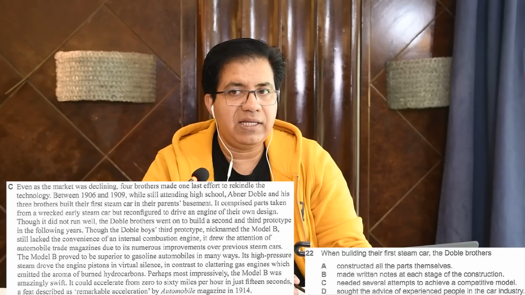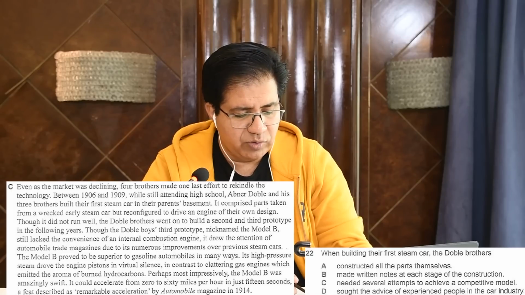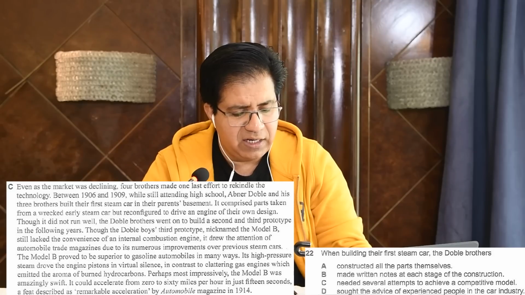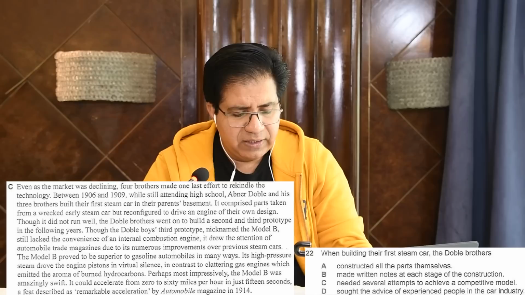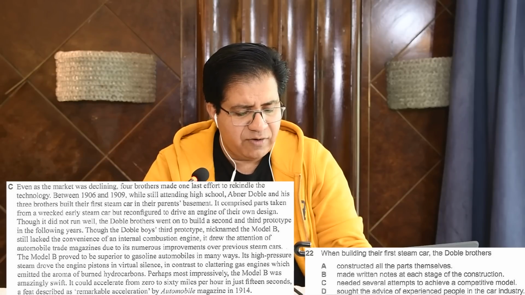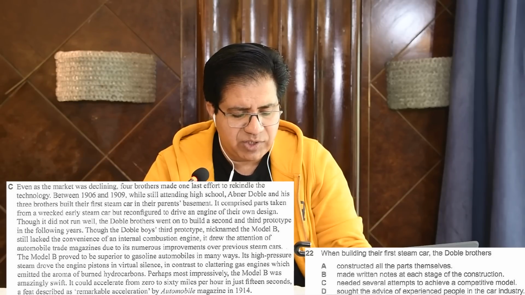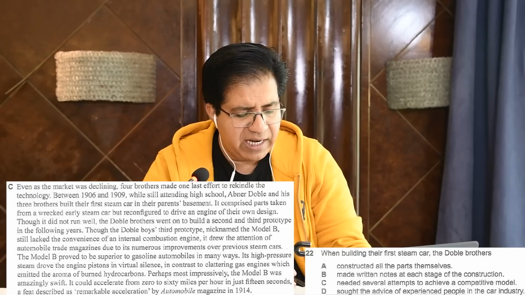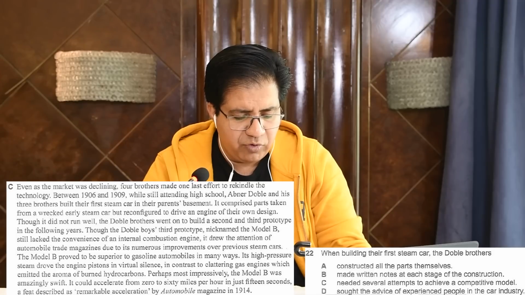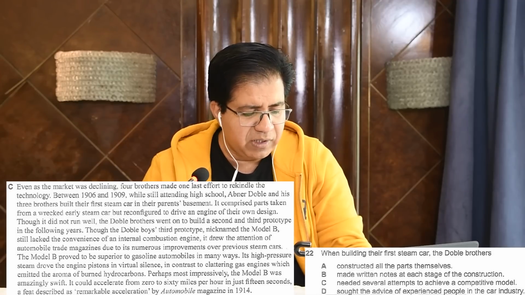Prototype is a design, the first design of something. So they built a second design, a third design. Though the Double boys' third prototype, nicknamed the Model B, still lacked the convenience of an internal combustion engine, it drew the attention of automobile trade magazines due to its numerous improvements over previous steam cars.